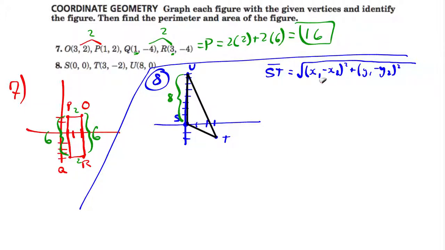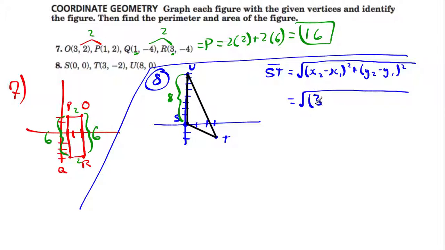Actually, let me change that formula so we have those subscripts as 2's, because I know that's the one I did use before. It doesn't really matter which subscripts we use. All right, so if I'm looking from S to T, S is (0, 0). So that's perfect.